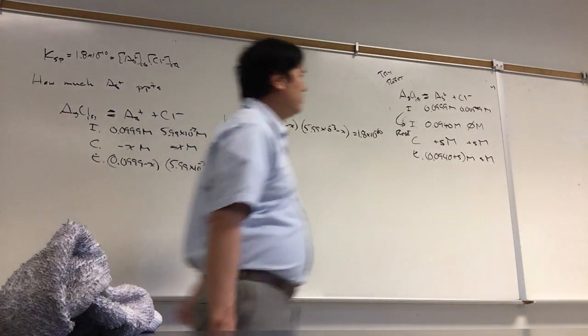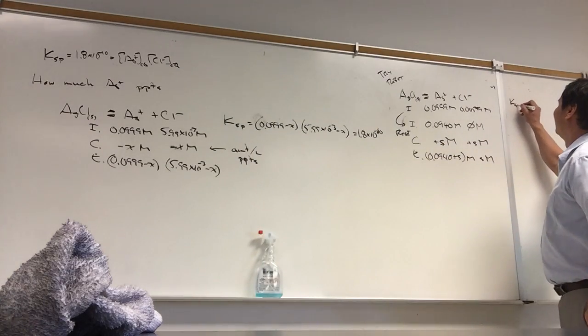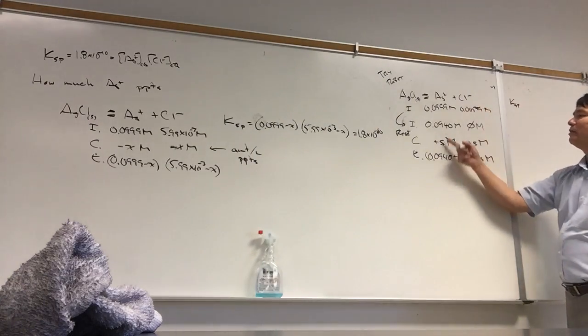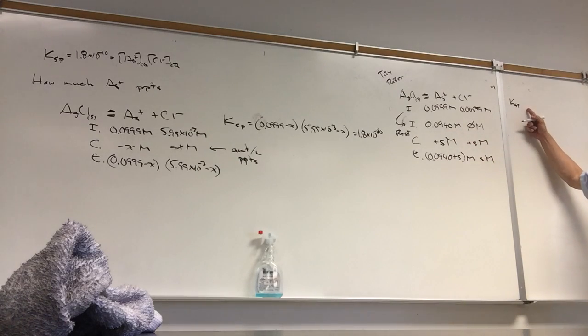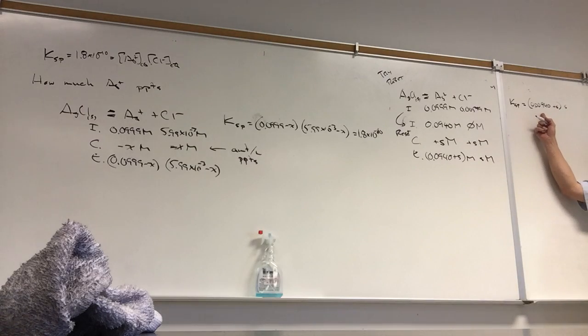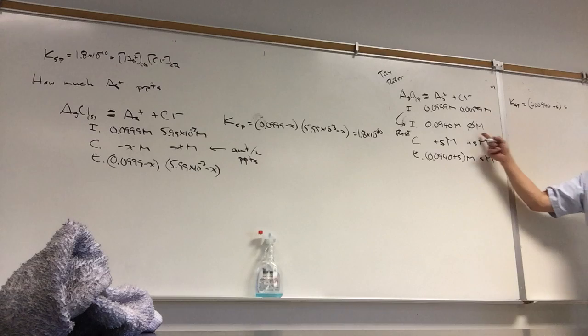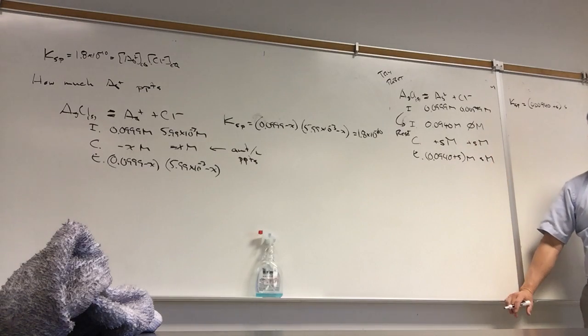Over here, by resetting this, the KSP is very small, so we don't expect this to be very soluble. I mean, the KSP is 10 to the minus 10, and so S should be very small. We don't expect much. And so here, the simplifying assumption is likely to work. And two, S doesn't drop out because we have a 0 here. The more zeros we have in the initial, the easier the math is.